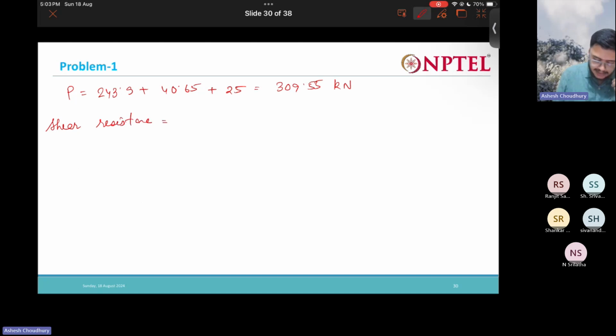What is the shear resistance? What was the formula for shear resistance? Mu, the friction coefficient, times what? The total vertical load that is coming. So what is that?